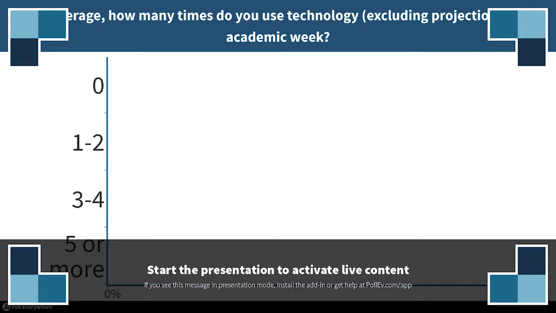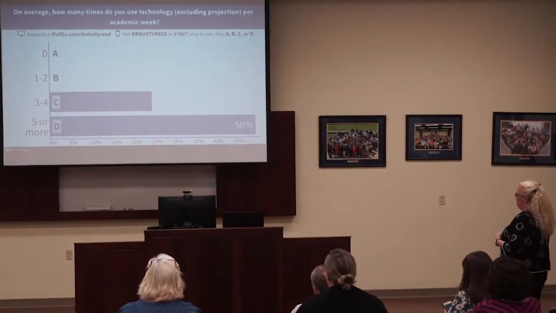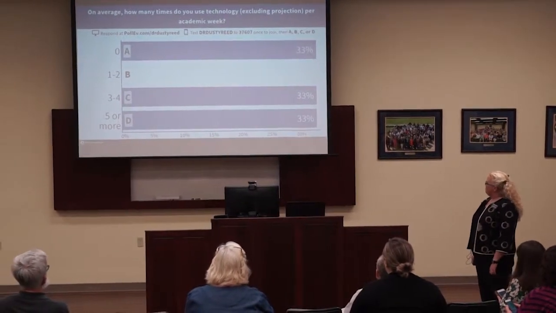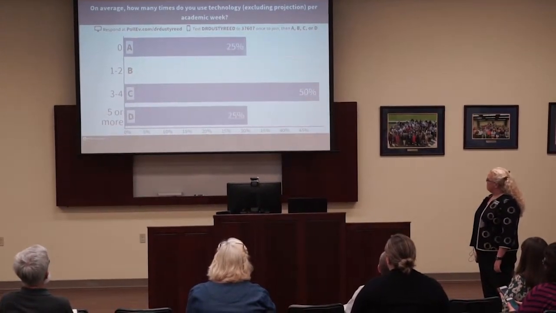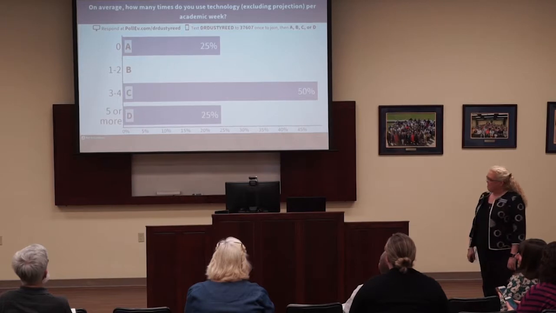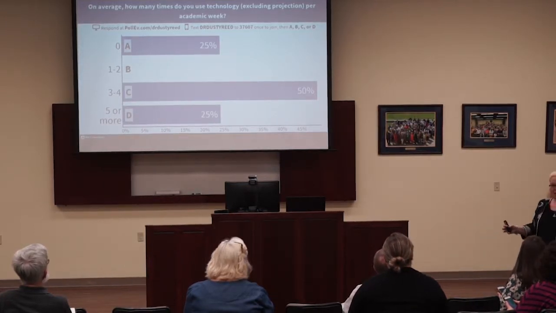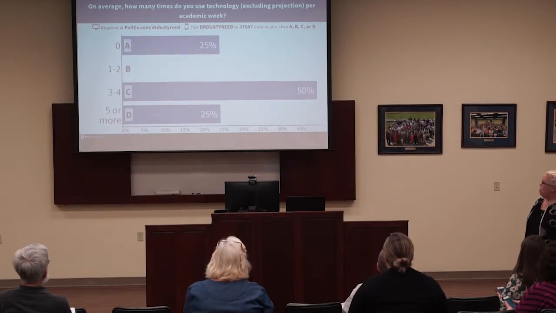I have at least one or two in the room that I know this will be a little bit higher. Yeah. There we go. I would say because I am a technology teacher that I'm somewhere in the 3 to 5 range.